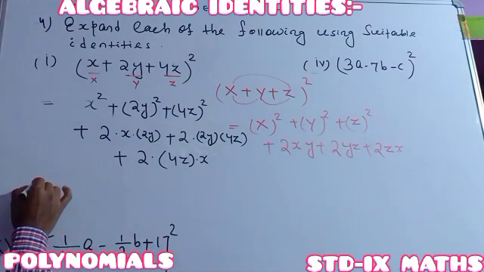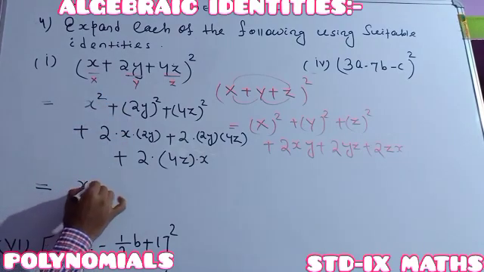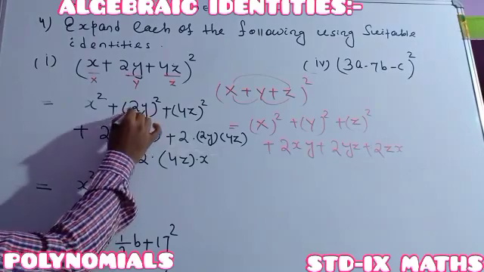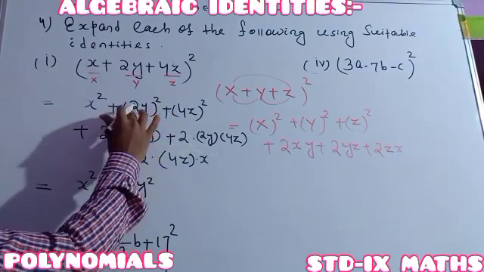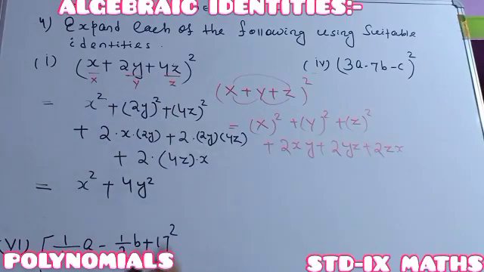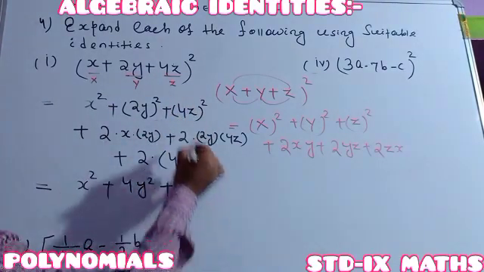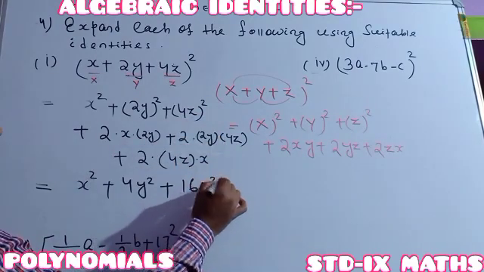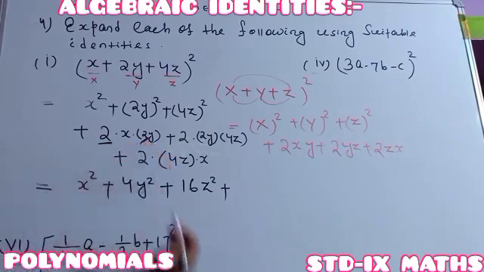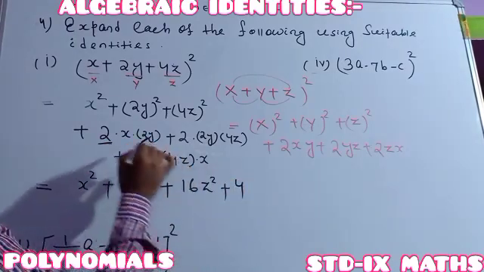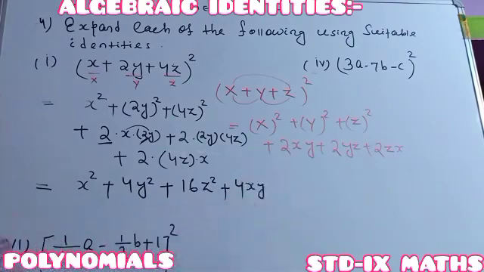See, next step: x square. Here there is no bracket, so x square remains x square. Here (2y) whole square means 4y square, 2 square into y square. Then (4z) square equals 4 square, which is 16, so 16z square. Then 2 and another 2: 2 times 2 is 4, product of the variables x into y, so 4xy.